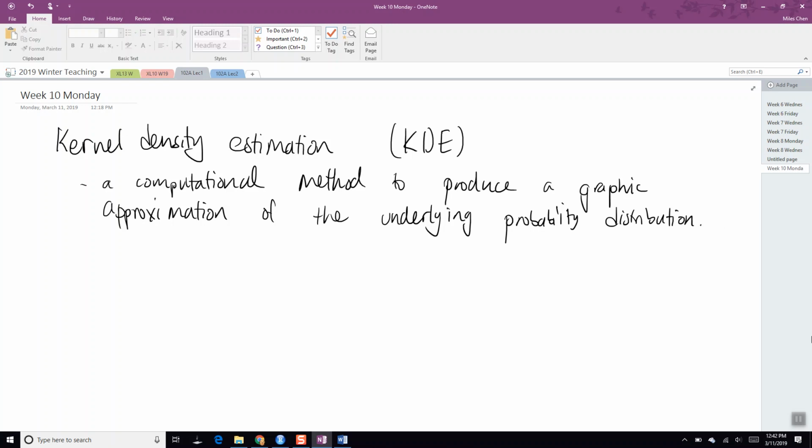Okay, and it's basically just a more complicated histogram, because a histogram tries to do this exact same thing, right? A histogram is a graphic approximation of the underlying probability distribution. Okay, so it basically has the same intent as a histogram.